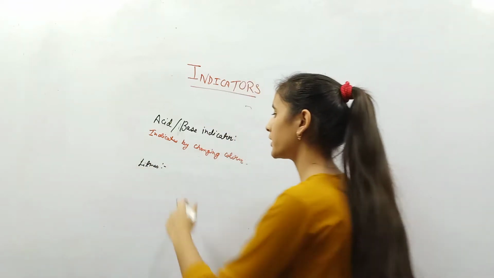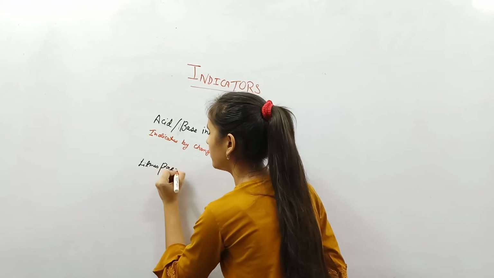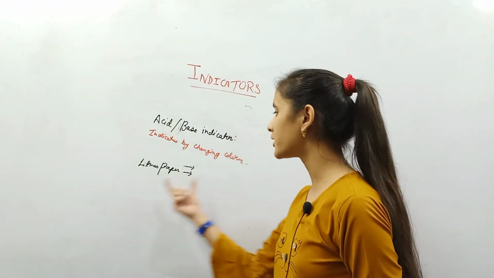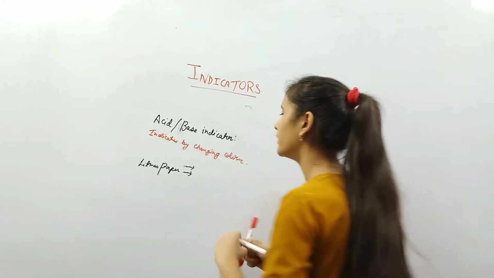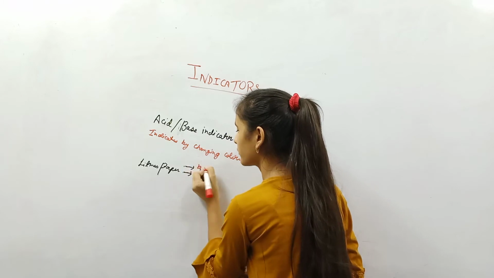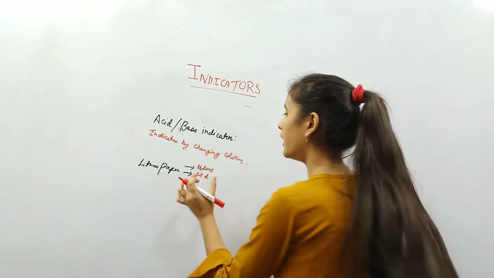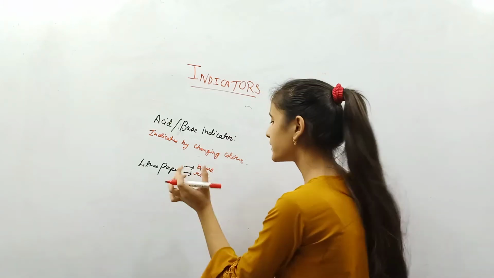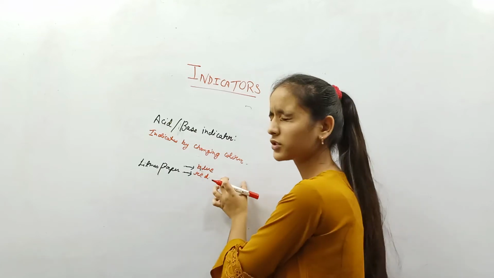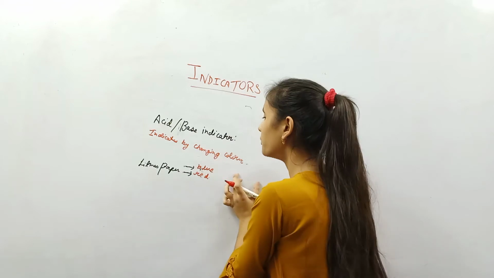Litmus has two types, litmus paper. Its natural color is purple, and it comes in two colors, blue and red. In acid it changes to red, and in base it changes to blue.